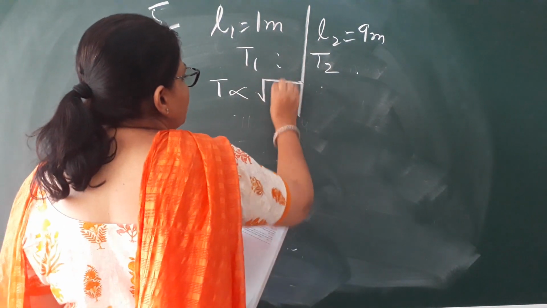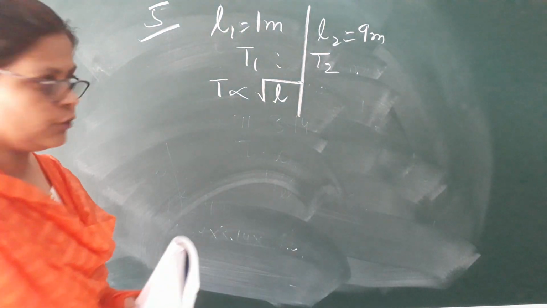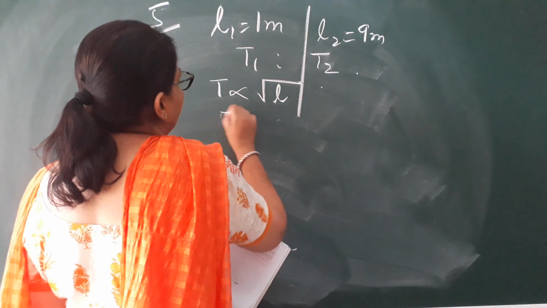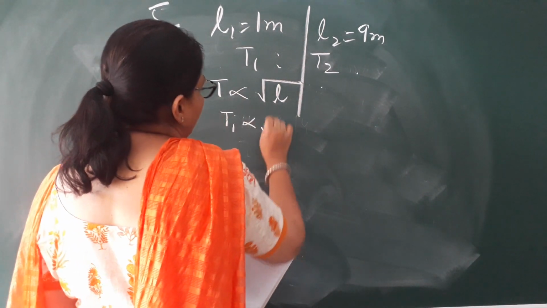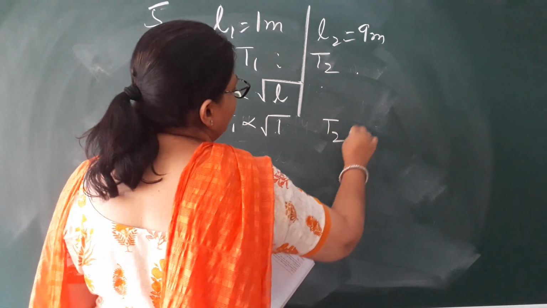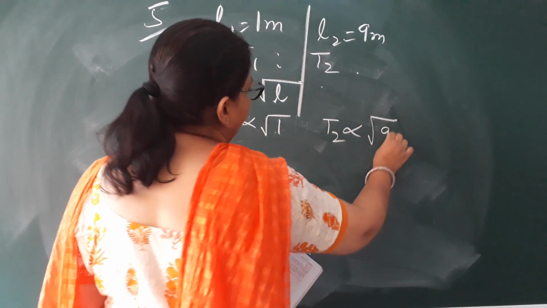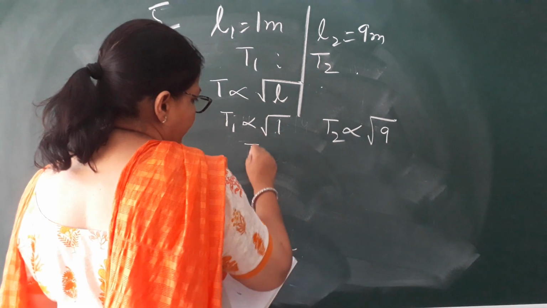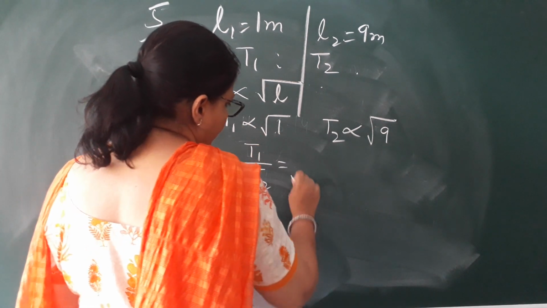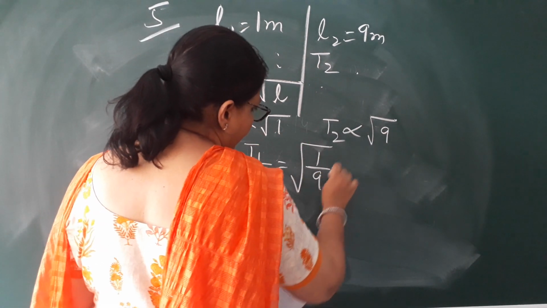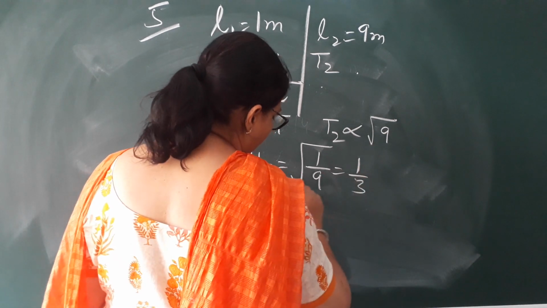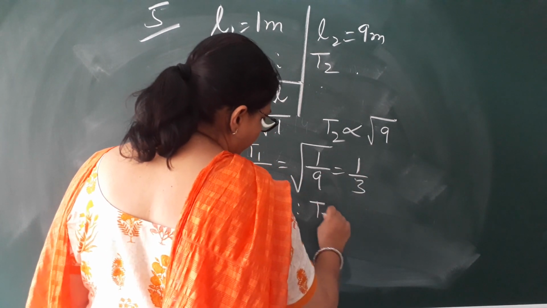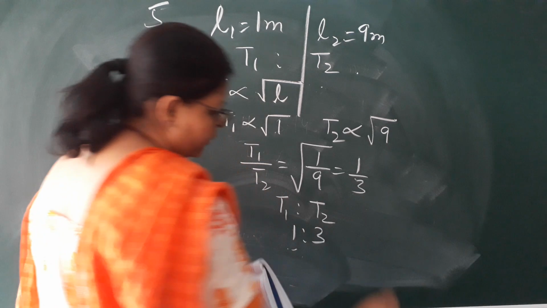T is proportional to under root L. So we get T1 is proportional to under root 1, while T2 is proportional to under root 9. Now when we take T1 ratio T2, it will be under root 1 upon 9, and that will be 1 by 3. So the answer is T1 ratio T2 is 1 ratio 3.